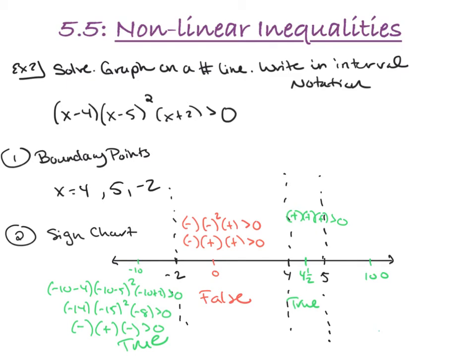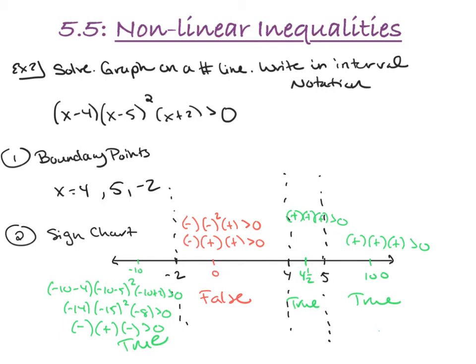So plugging in x equals 100, 100 minus 4, definitely positive. Like we discussed earlier, anything squared is always going to be positive. And 100 plus 2 is certainly positive, so we again have 3 positive numbers multiplying together bigger than 0, which is true.